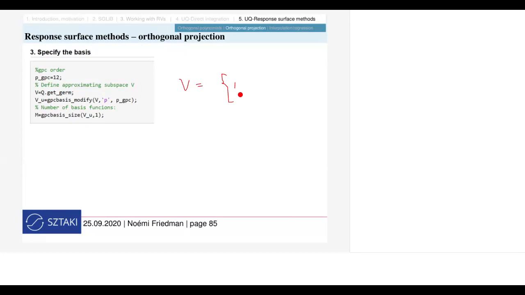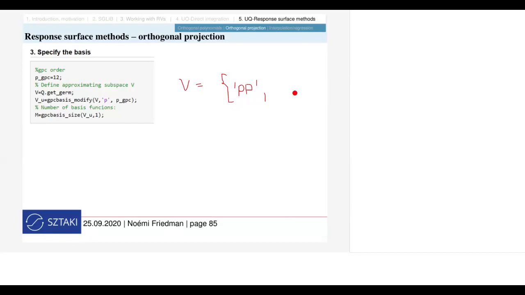The first element is a set of letters depending on how many random variables you have. Now I have two random variables, and I think I defined uniform distribution for both of them. So I have two P letters, which tells me that I need the Legendre polynomials. So this is the character defining the underlying reference random variable.